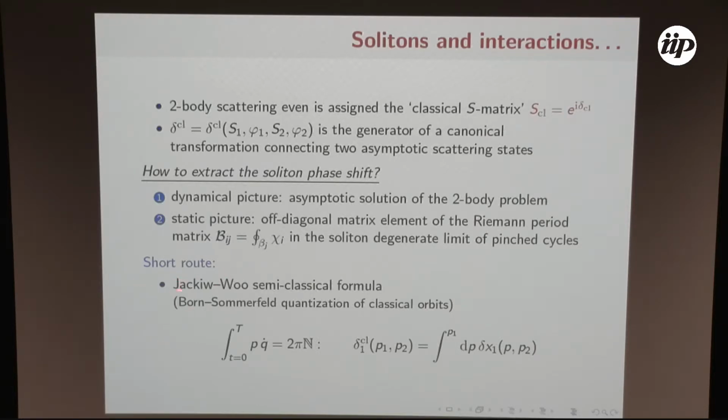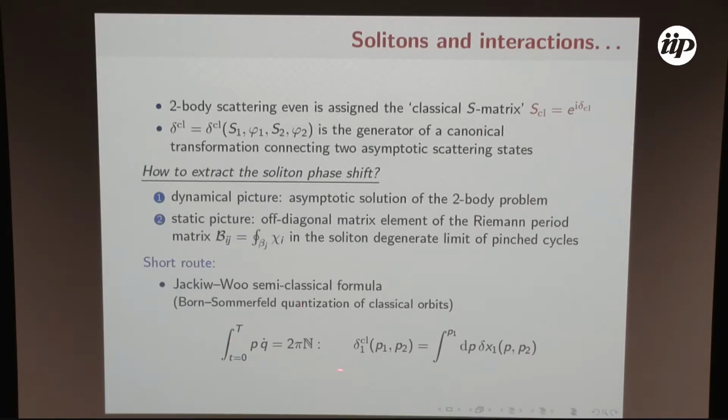And finally, there's also a shorter and more physically clear route to do that without too many technicalities, which is based on the Jackiw-Woo semi-classical formula, which in a sense is a Bohr-Sommerfeld quantization for classical soliton orbits. If you put your solitons in a finite volume, then you will have this Bohr-Sommerfeld quantization condition.